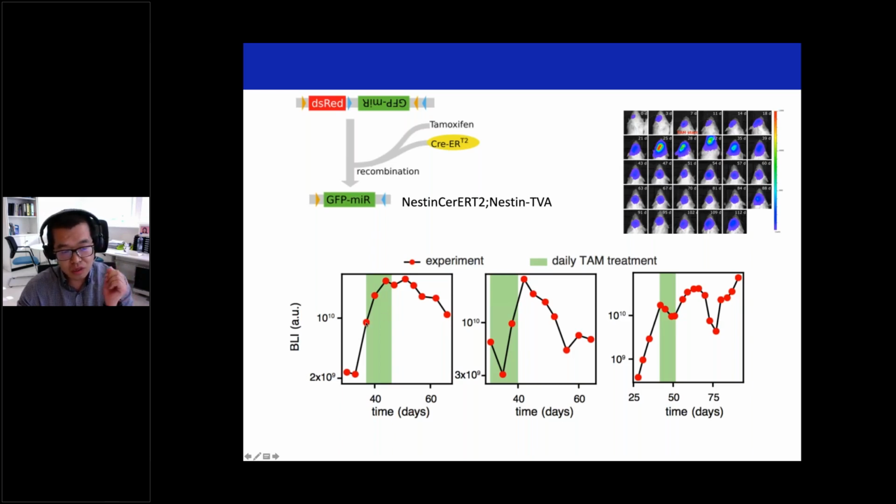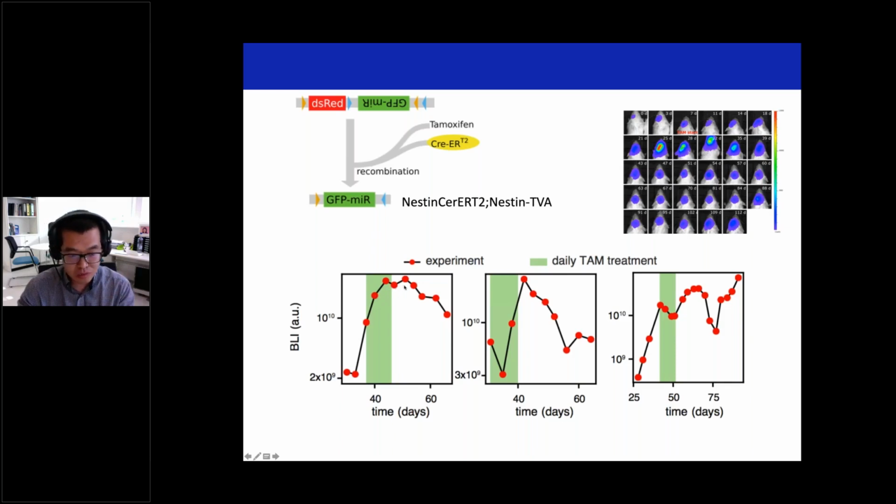Basically, that's what you see. So if you block Tailless during the tumor development, the tumor will continue to grow, because Tailless expression is mostly restricted to the slow dividing population. Some of them are dividing, but mostly slow dividing. The tumor will continue to grow because the temozolomide-responding cells are still there.